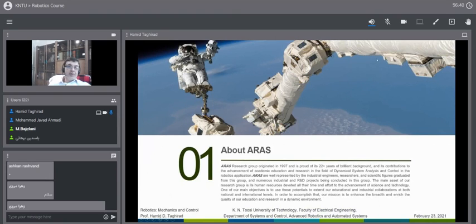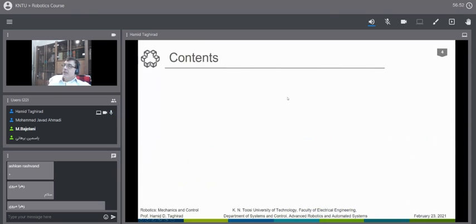Each link of this is about 11 meters, so you have something like a 20 meter workspace with this very large manipulator in space.